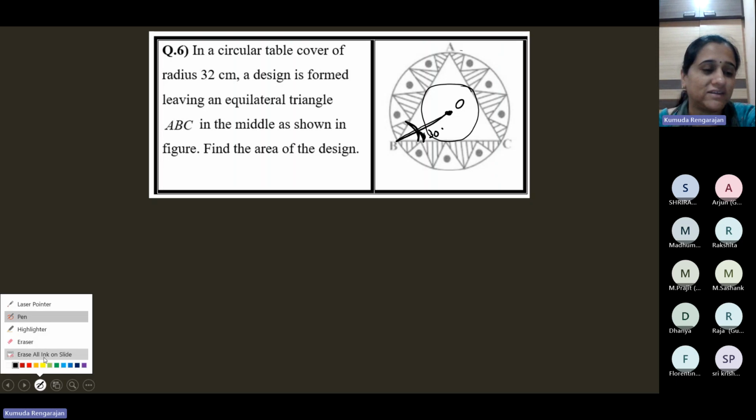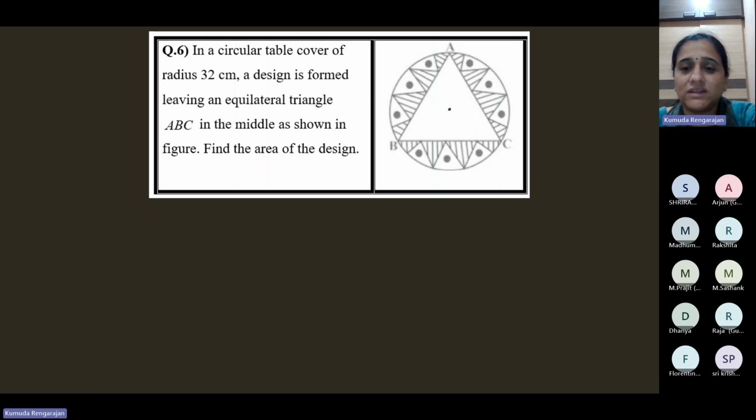So why is it 30 degrees? This is the incenter. When you join the incenter to the vertex B, OB is the angular bisector of angle B. And we know that angle B is 60 degrees because it's an equilateral triangle, and this is the bisector of the angle, so it will be 30 here and 30 here.